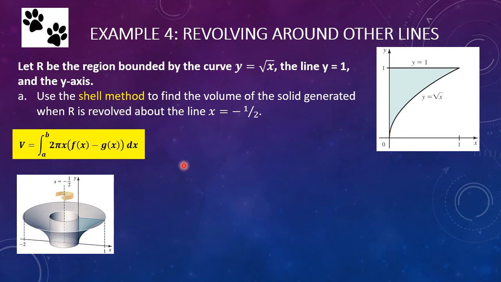So remember that our general formula for the shell method is the length of the rectangular slab when that circle is unfolded or unrolled. So this is the actual circumference, 2 pi times the radius.